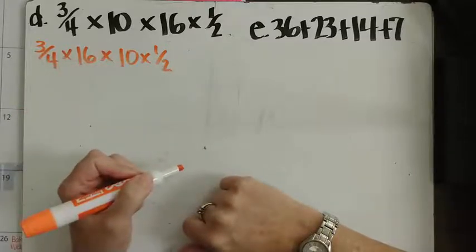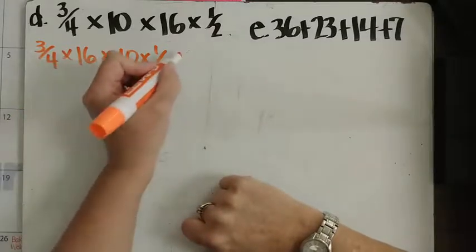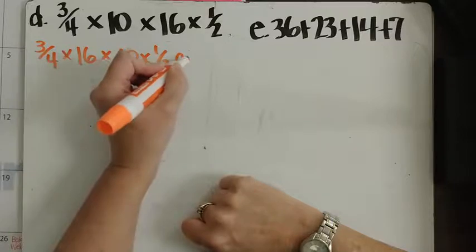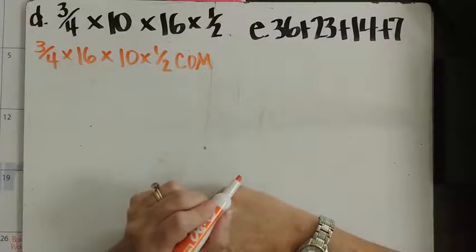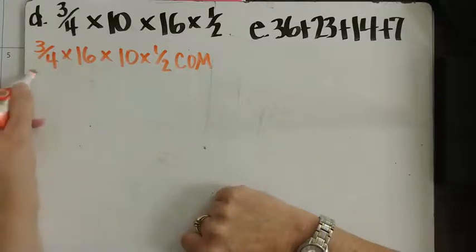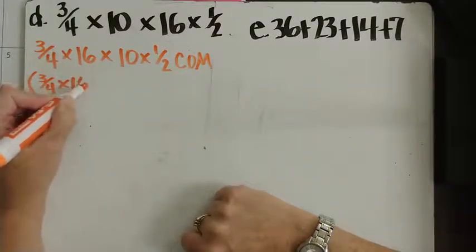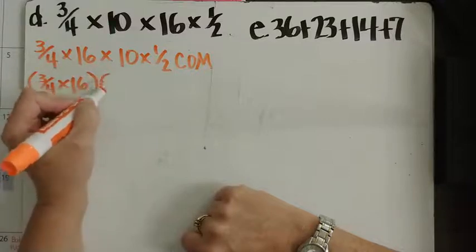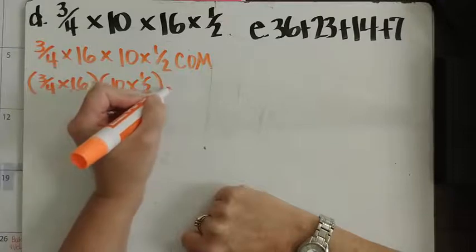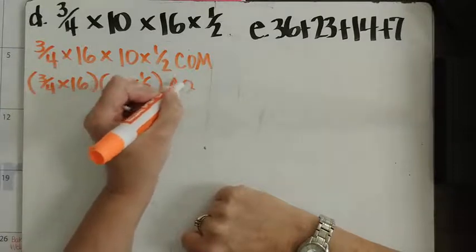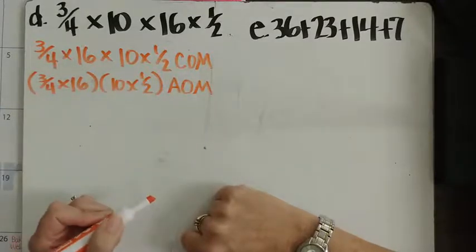So I rearranged this. That is commutative property of multiplication. Now I'm going to group them. This grouping shows that I'm going to be multiplying 3/4 and 16, 10, and 1/2. The grouping is associative property of multiplication.